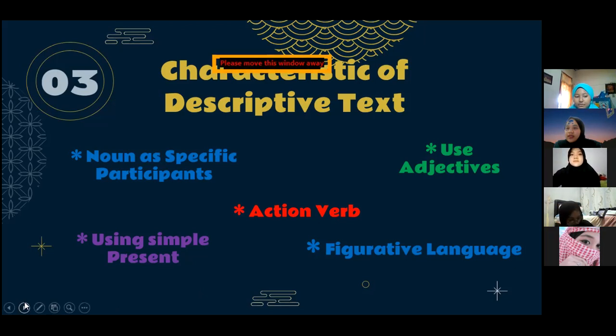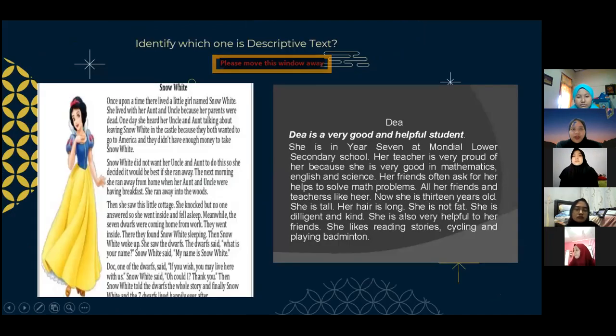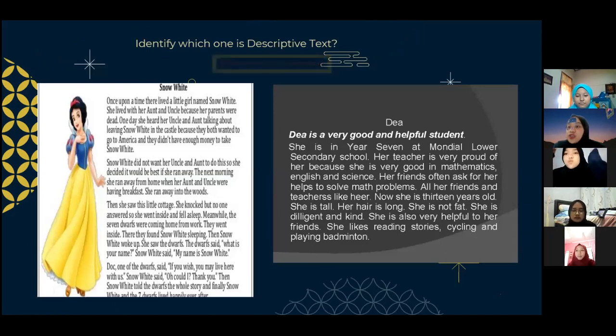Okay, the next is about identifying which one is the descriptive text. Choose between these two texts. Which one is the descriptive text? Fatia, go ahead.